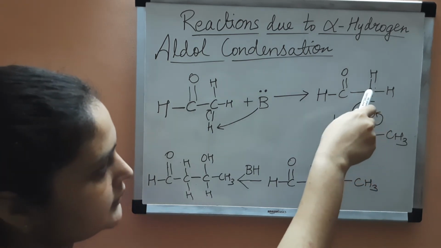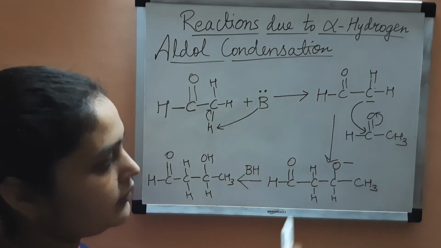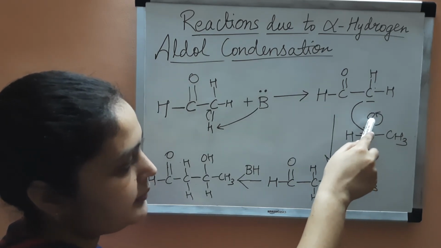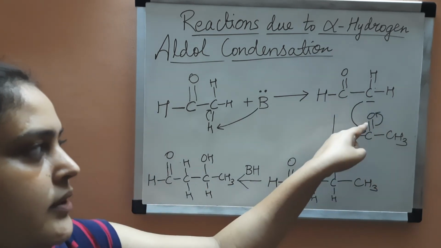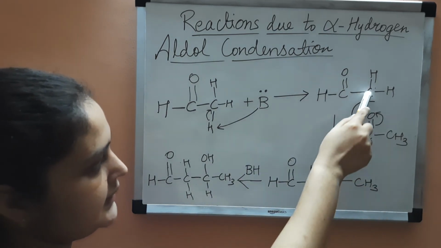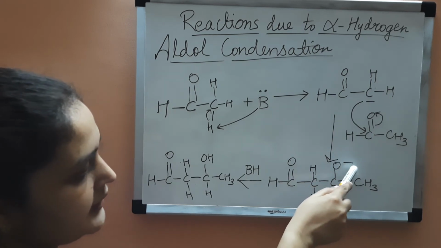So this anion attacks the carbonyl carbon of another ethanal molecule here. Then what will happen? This double bond will shift to make a negative charge on the oxygen atom. So you will get this product. This is attached to this carbon atom here and the oxygen will get the negative charge.